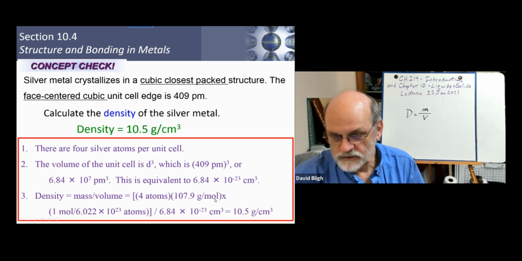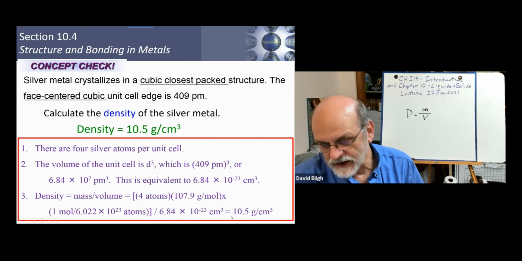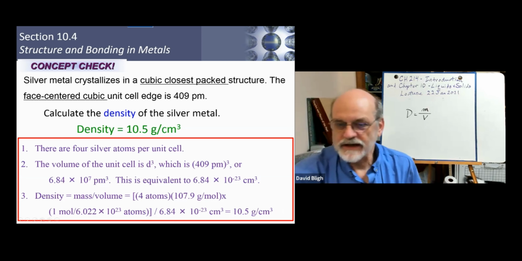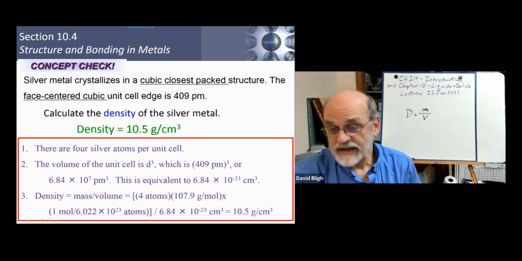Okay. So we can use that information and determine that this top part here determines the mass of 4 atoms in that unit cell, and we calculate 10.5 grams per cubic centimeter. So in this case, it comes out exactly to the measured amount.